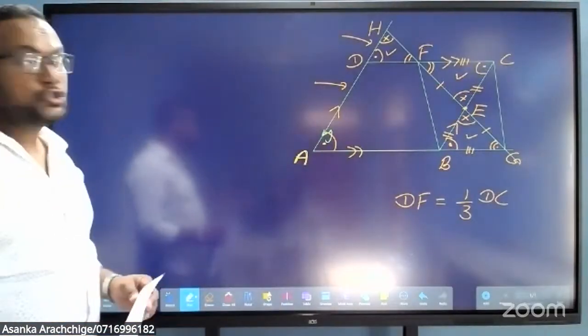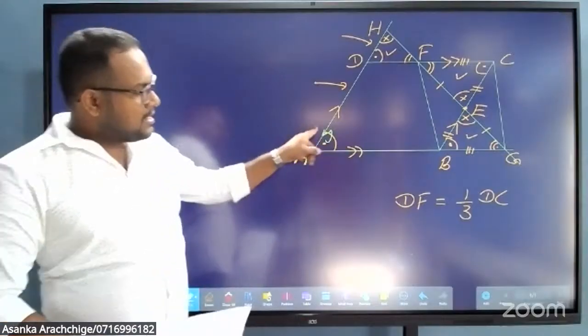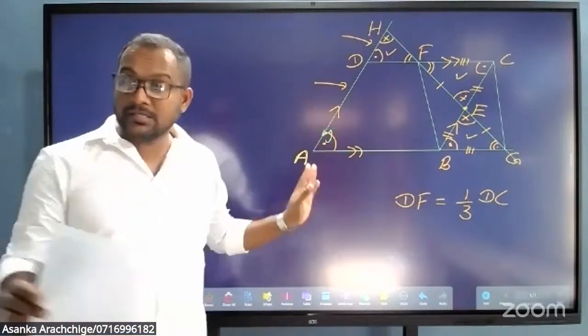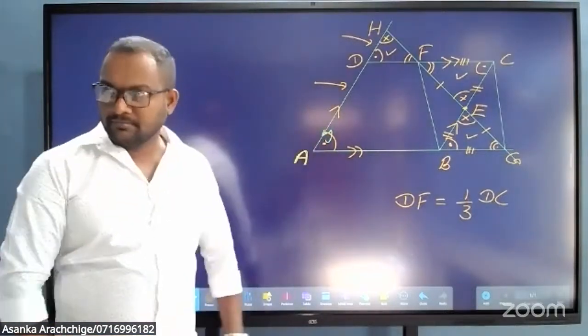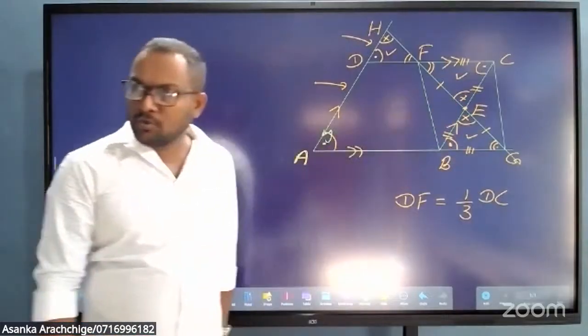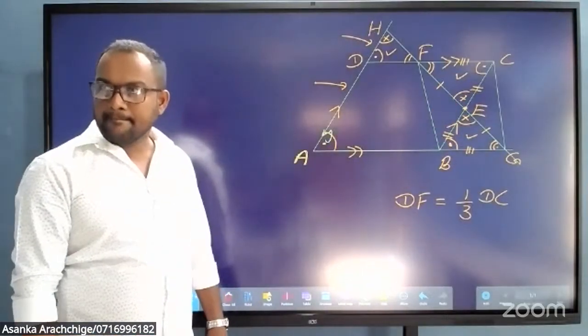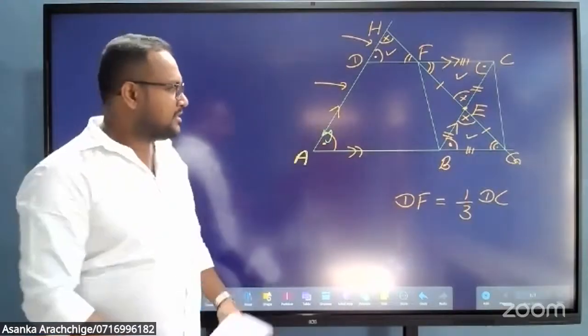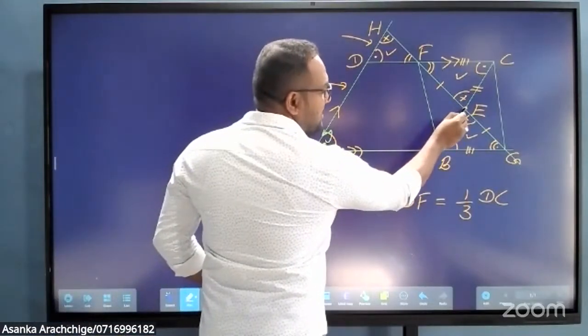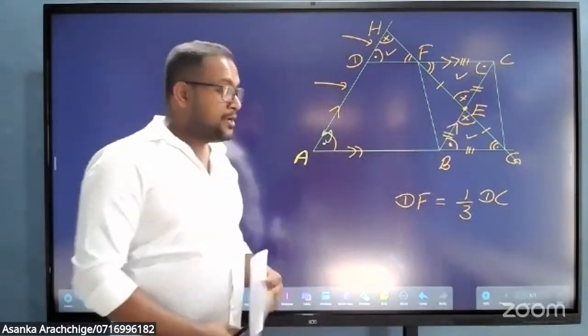Children, you know, as ABCD is a parallelogram, the opposite sides AD must be equal to BC. Therefore, on the other hand, E is the midpoint of BC.